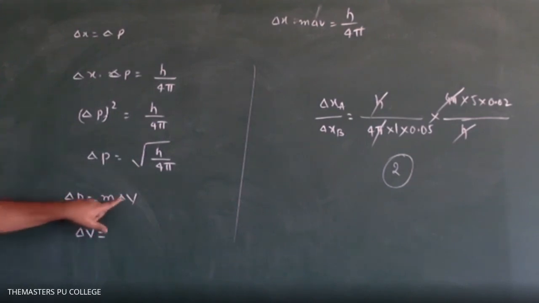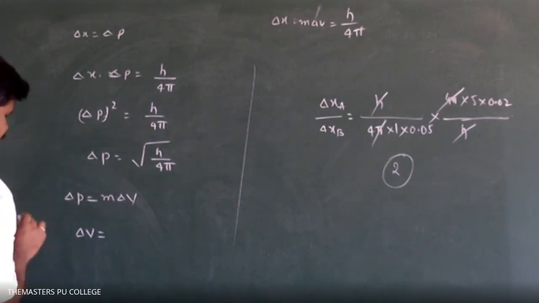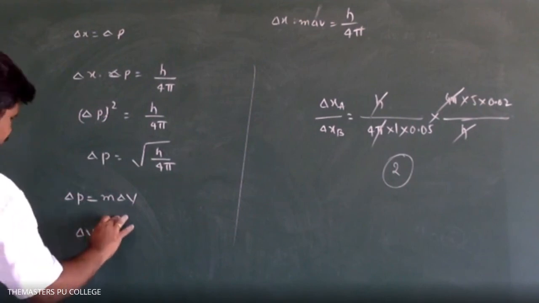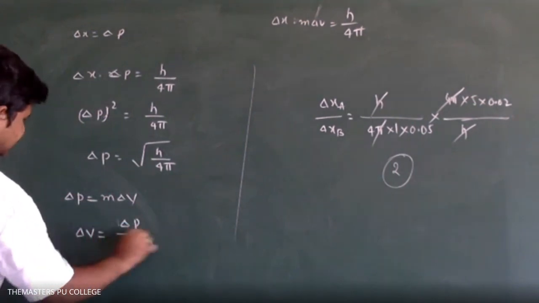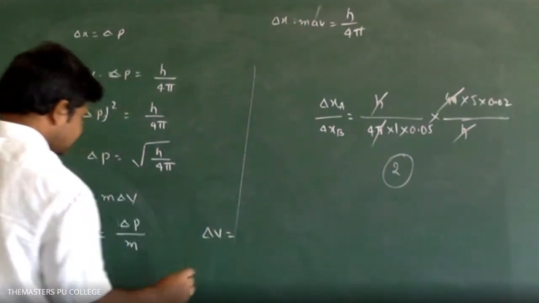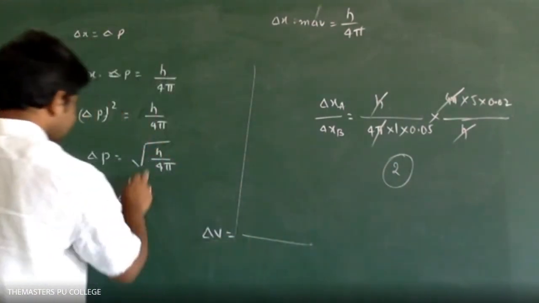Delta p is equal to m delta v, delta v is equal to delta p by m. Delta v is equal to the delta p value divided by m.